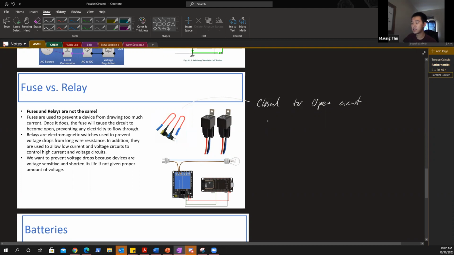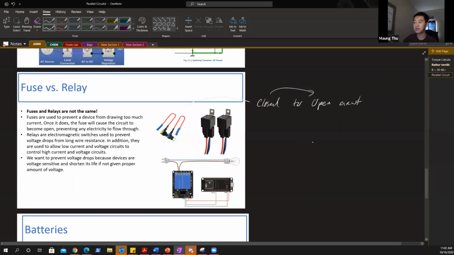So a fuse is used to make sure that if the electronics draw too much current, the circuit goes from closed to open, so that no more electricity will go through an electronic that is consuming too much current.